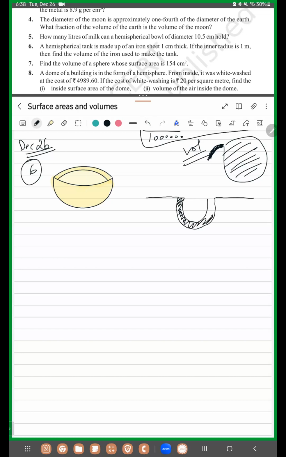So what you will have is a hemispherical metal tank or a metal bowl, any metal it could be. You want to know the volume of the metal that you poured into this, which basically means the amount of metal that you used to make this particular object.